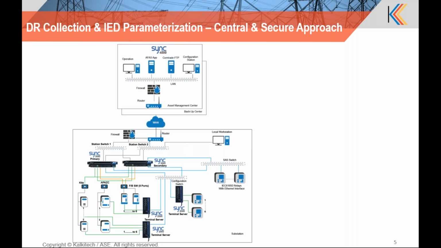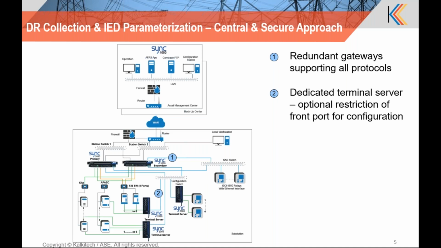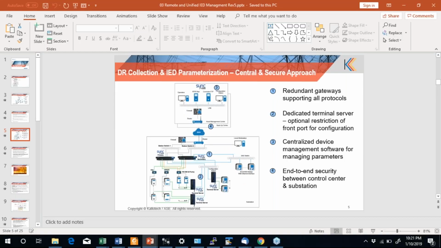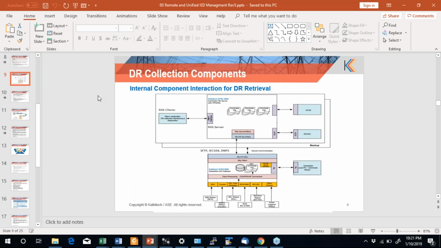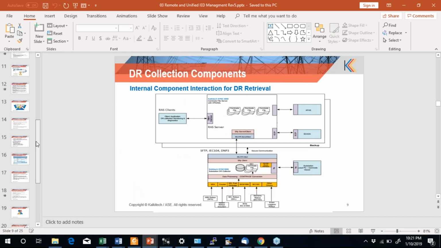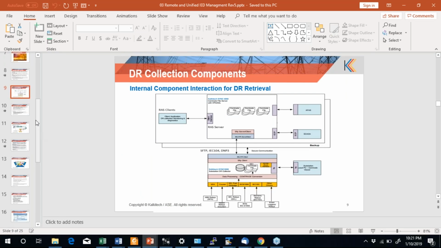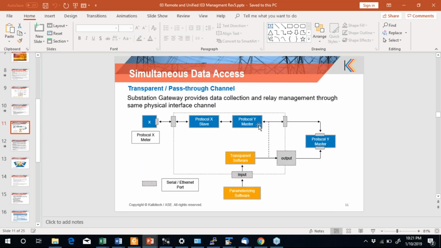Okay, another question that has come up is, in the pass-through channel, how is the priority decided between the pass-through and main channel? There are configurable options.